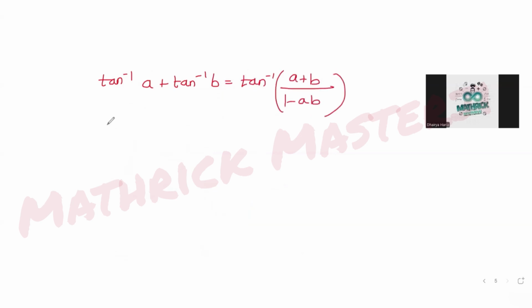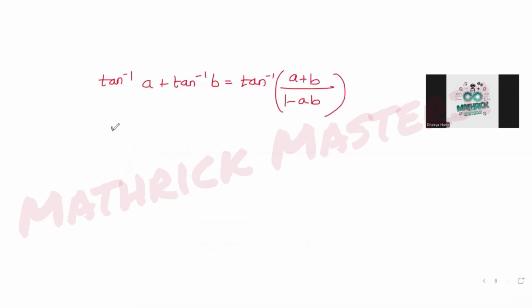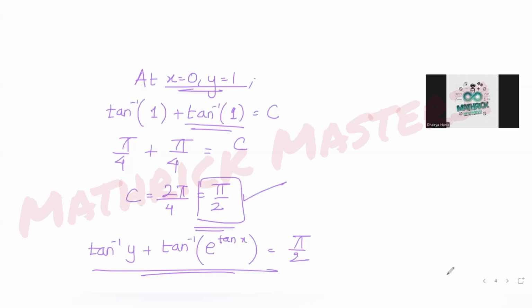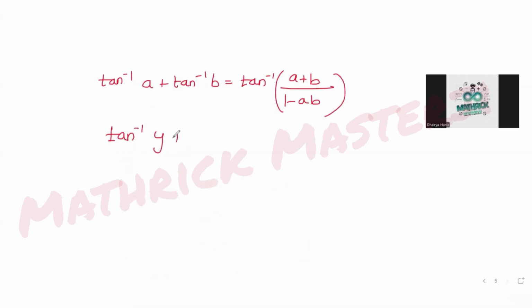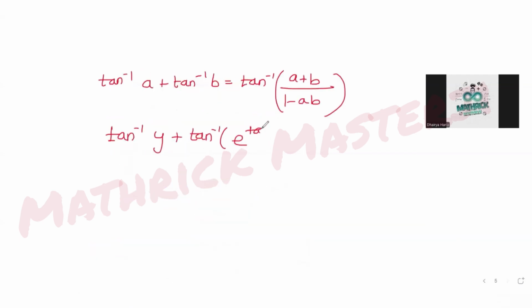So if I use that idea here, I can simplify my solution as tan inverse of y plus tan inverse of e raised to tan x is equal to pi over 2.